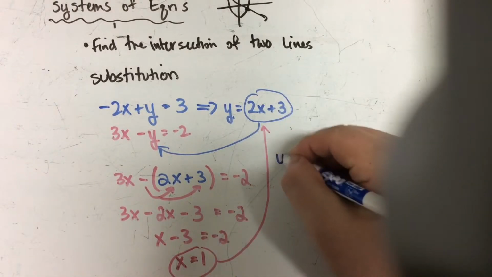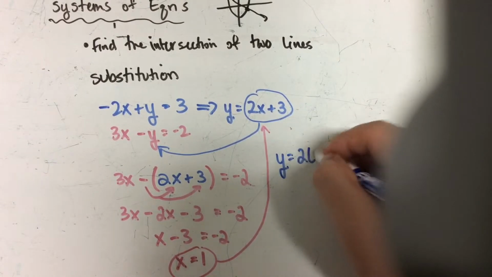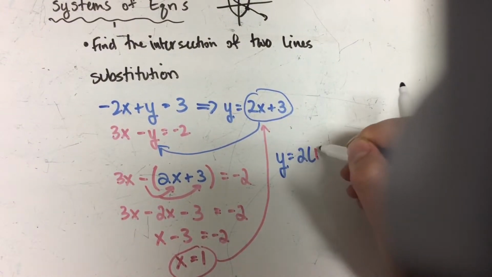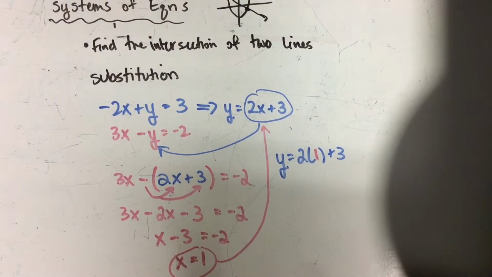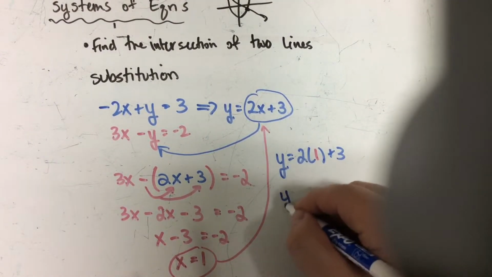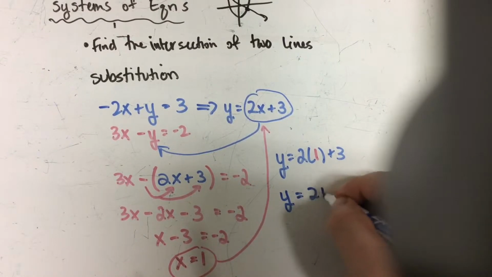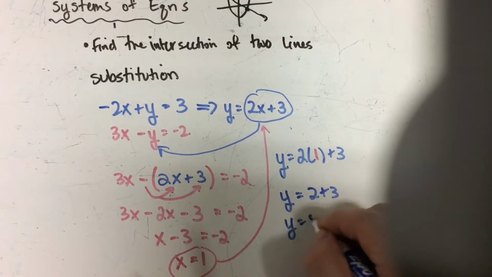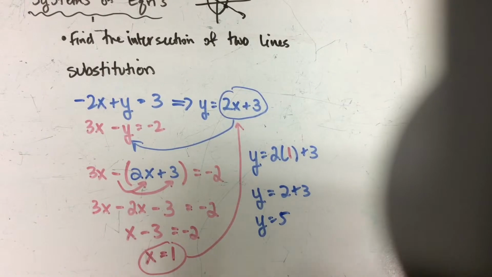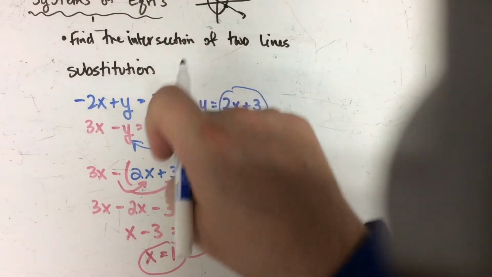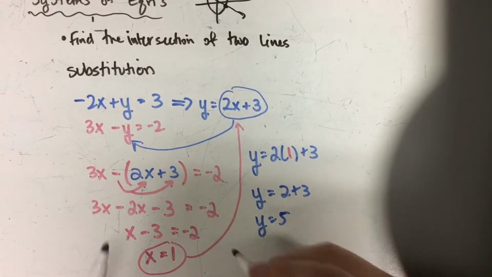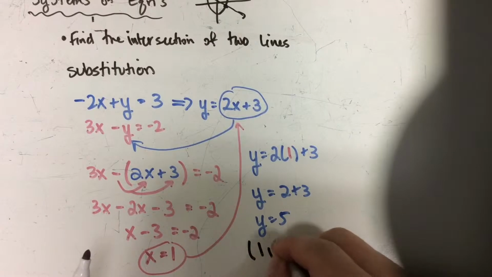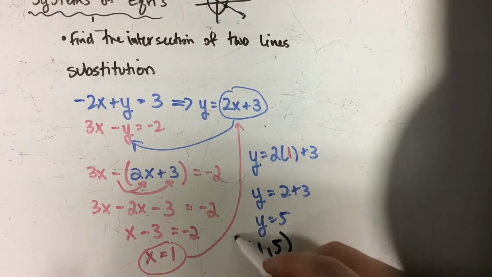This will give us y equals 2 times 1 plus 3, which is y equals 2 plus 3, or y equals 5. So what I've discovered is that if you were to graph these two lines, they would meet at the coordinate 1, 5. This is our solution.